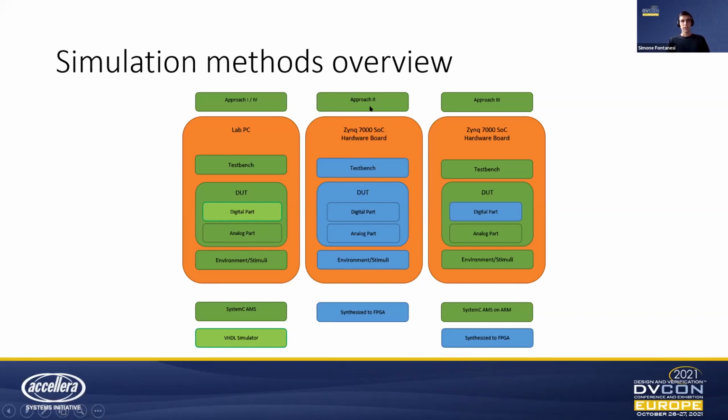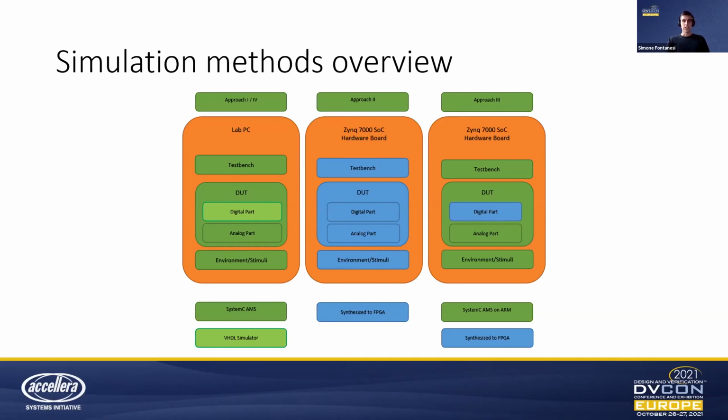For approach number 2 and approach number 3, these are hybrid approaches, because you see the FPGA comes into the game, and also a system on chip. Basically, what is in blue in approach number 2 and approach number 3 is running on real hardware.